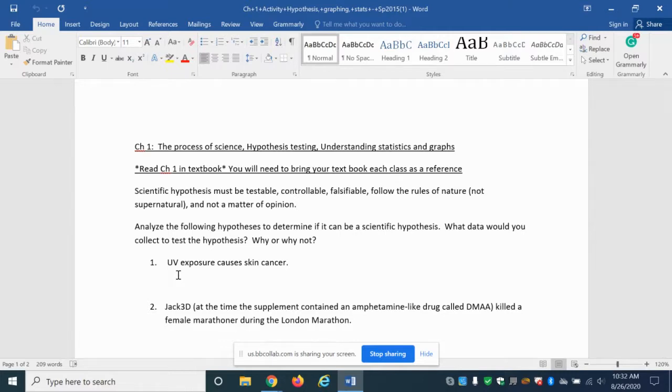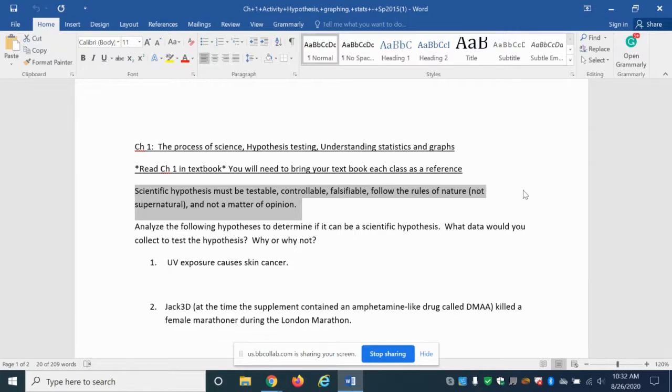And what I need you to type is if you think it is a scientific hypothesis, and write an explanation why. And again, refer back to this part up here at the top. If it is not a scientific hypothesis, then you need to explain based on at least one of those characteristics that it does not meet.